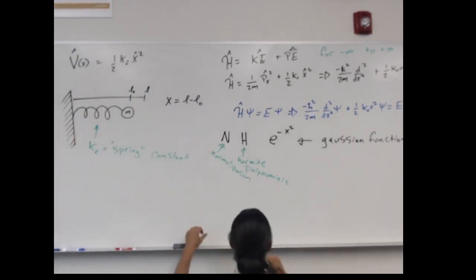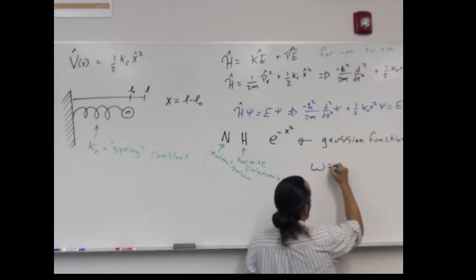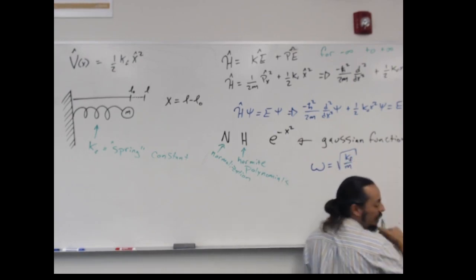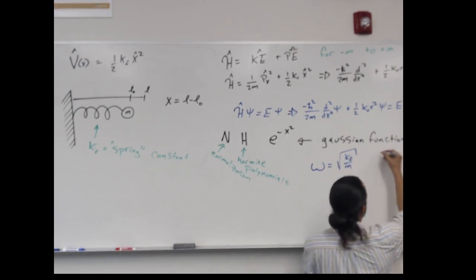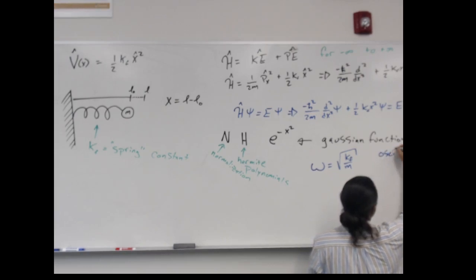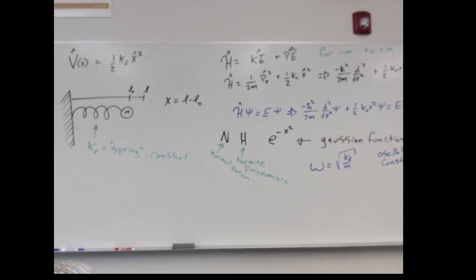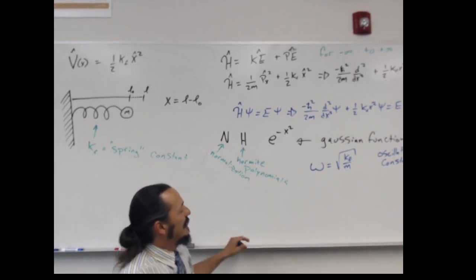One of those parameters is the oscillation constant. This is essentially how quickly it's going to vibrate, how often it makes an oscillation, right? It's related to the spring constant and the mass. It's a square root of that. This is going to be one of those parameters that comes in handy.